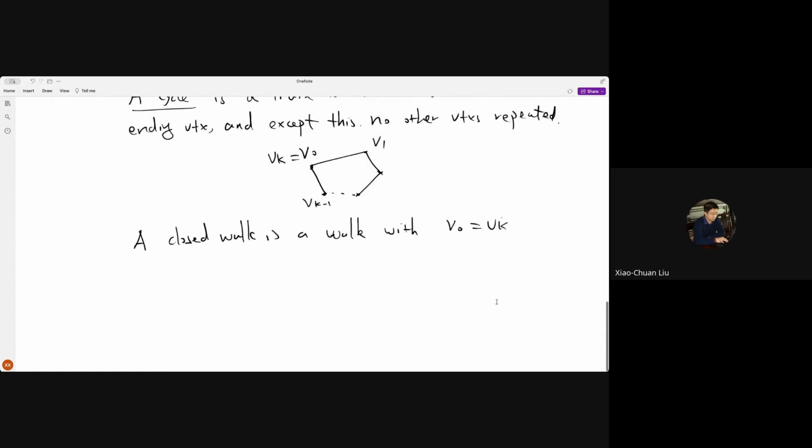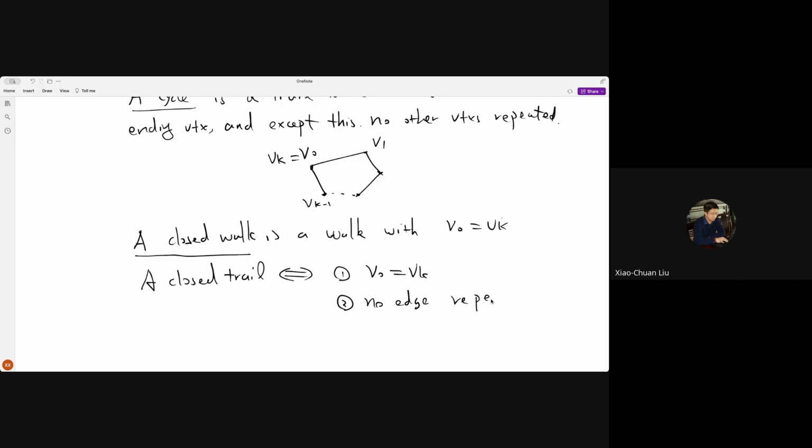Okay, and a closed trail is something similar. First of all, V0 equals Vk, and no edge repeated. Okay, so it's called a closed trail.